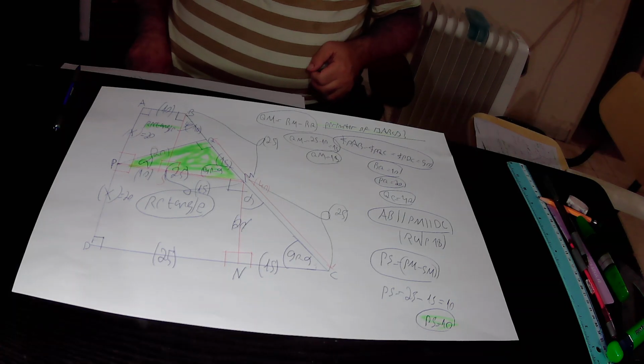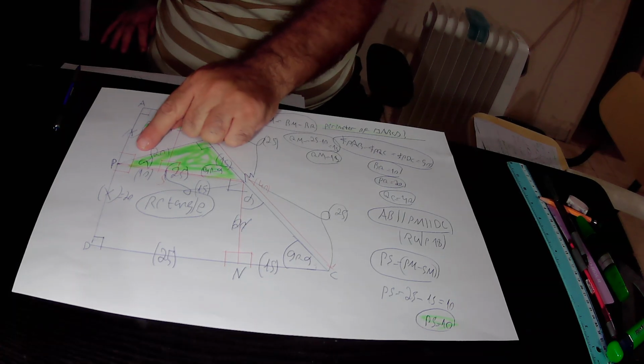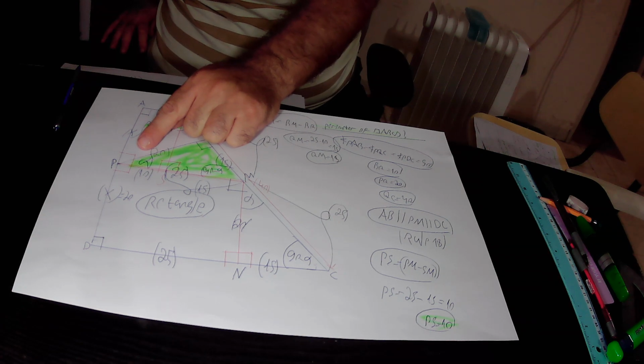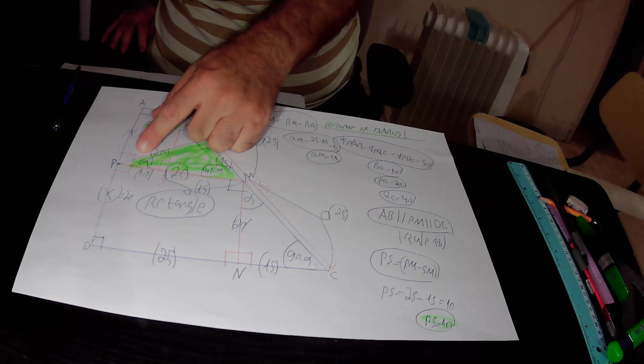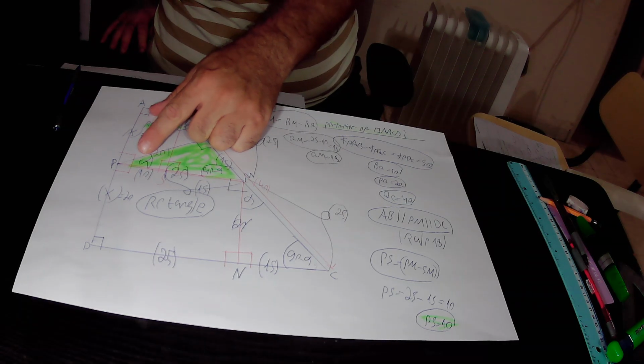By doing this construction, we created this right angle. This right angle is defined as one-sided in two angles. Those two angles are both one-sided angles. The sum of those two one-sided angles is equal to 180 degrees.